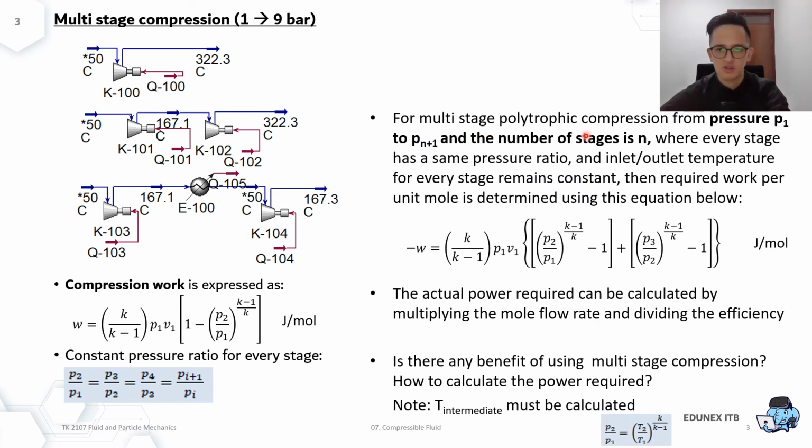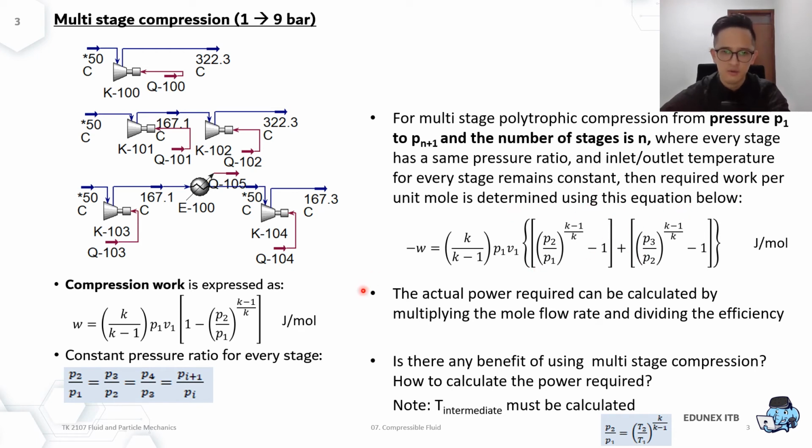For multi-stage polytropic compression, from pressure P1 to Pn+1, where the number of stages is n, where every stage has the same pressure ratio, in this case 3, and the inlet and outlet temperature for every stage remains constant, in this case the inlet is 50 degrees C, then the required work per unit mole is determined using this equation below.